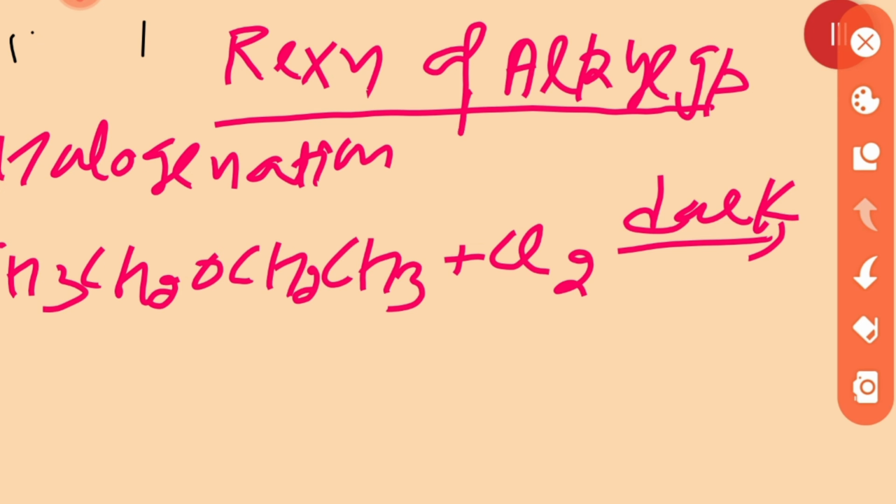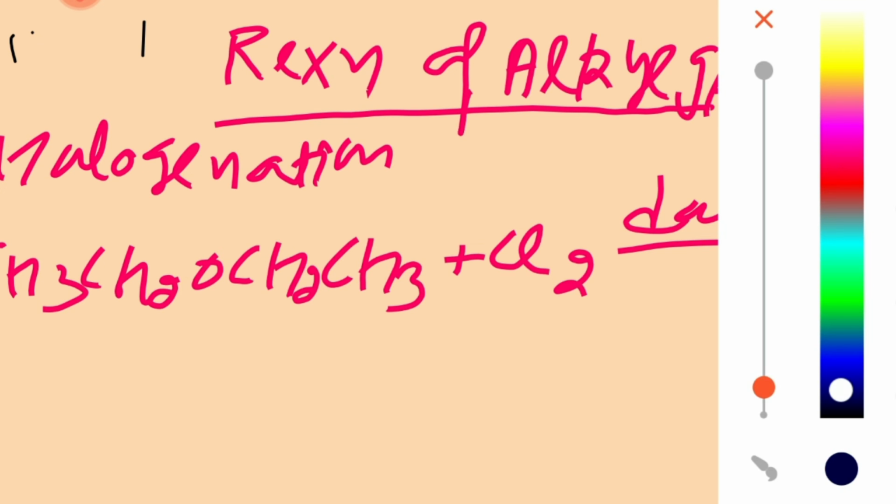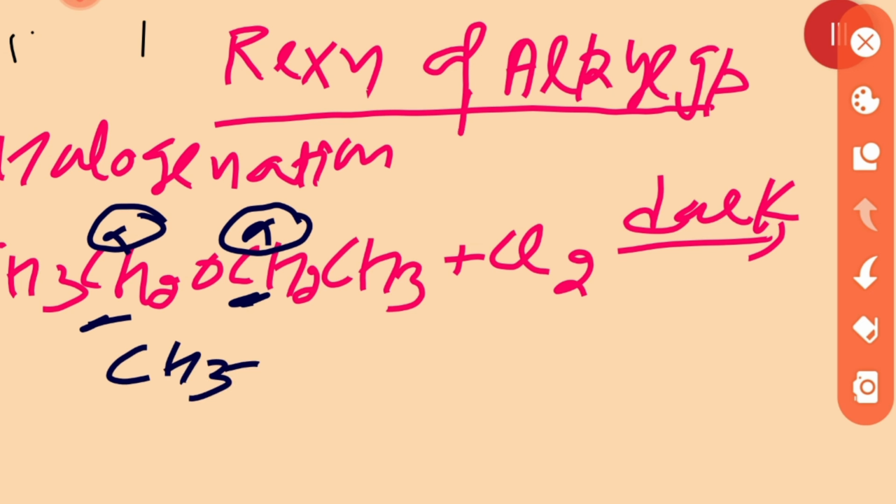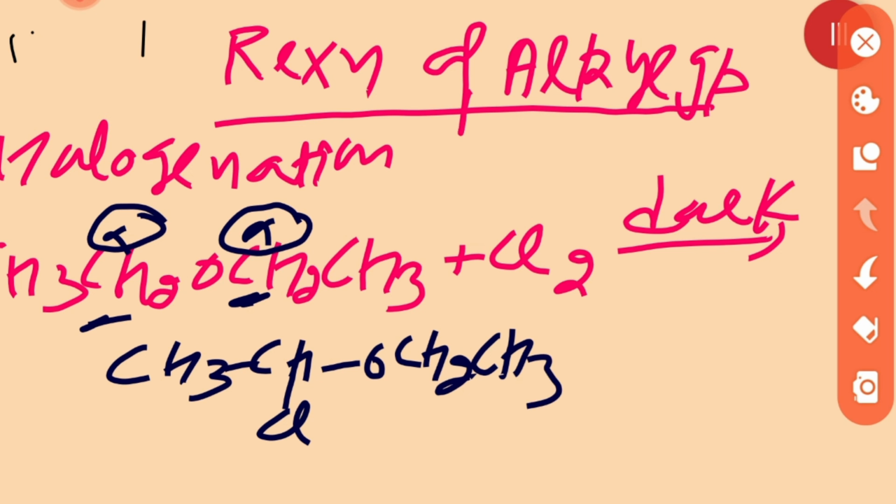Then what is going to happen over there, beta? Just remember one thing: the carbon along with the oxygen, you can consider that as the alpha carbon. First of all you have to substitute the halogen there only. Then the first Cl can come here or it can come here. So the product is CH3CHClOCH2CH3.